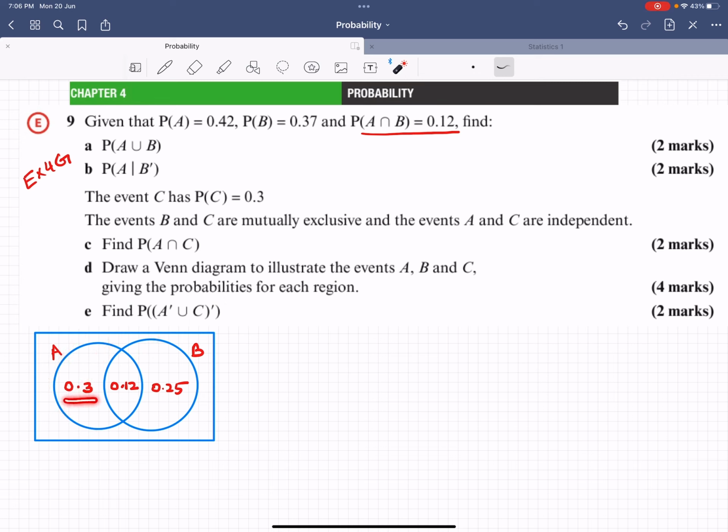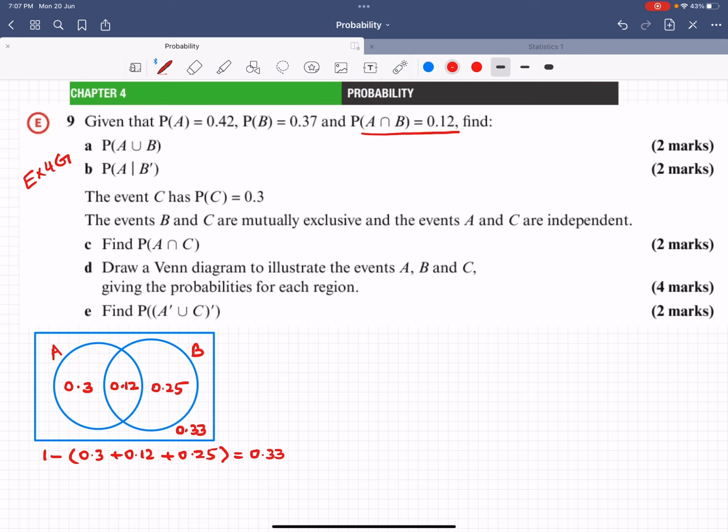So if we add up all the probabilities inside the two circles and subtract from 1, we can find the probability outside the two circles. So we do 1 minus 0.3 plus 0.12 plus 0.25, and we get 0.33. So outside the two circles is 0.33.